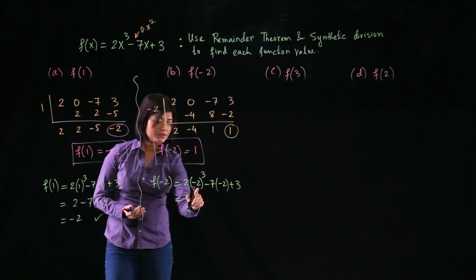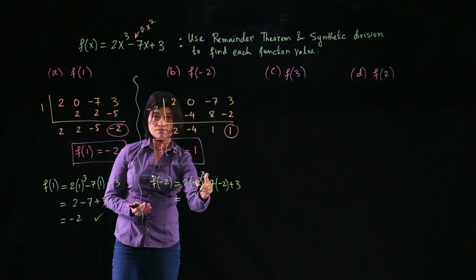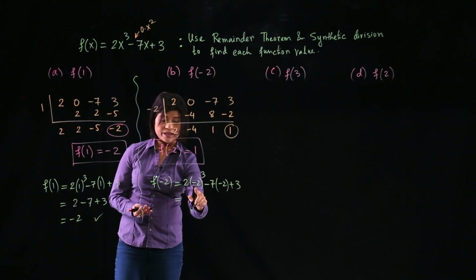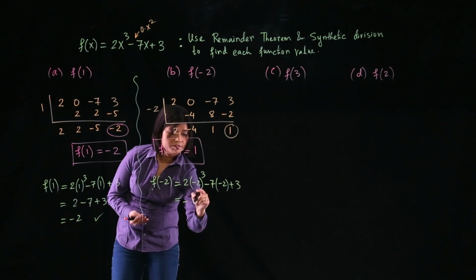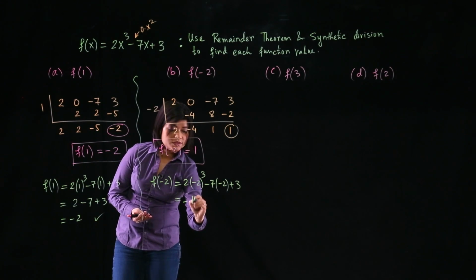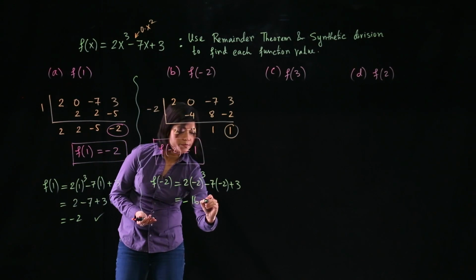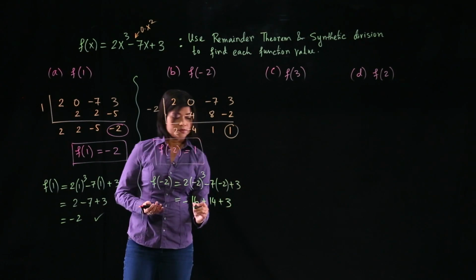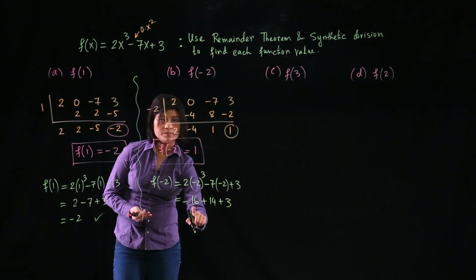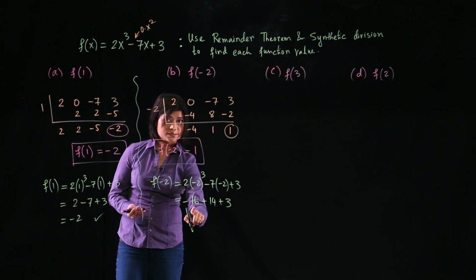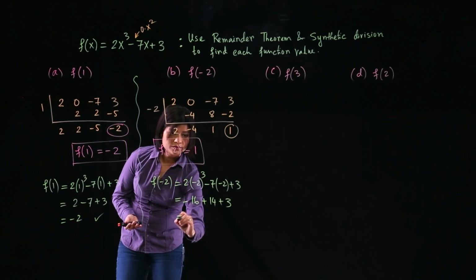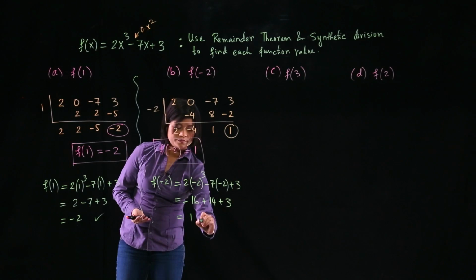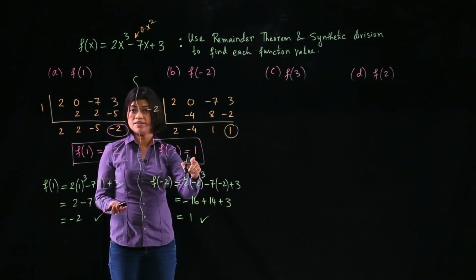The power is odd and this is a negative value, so it will be negative 16, then plus 14 plus 3. So 14 minus 16 is negative 2, plus 3 is positive 1. And that's correct. f of negative 2 is positive 1.